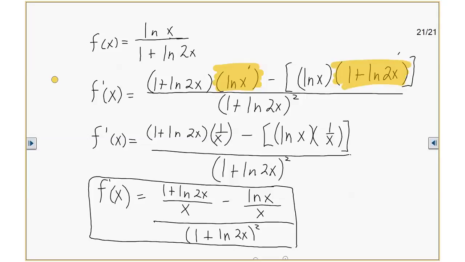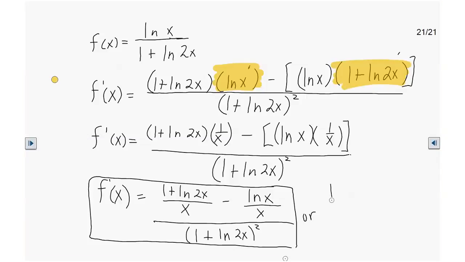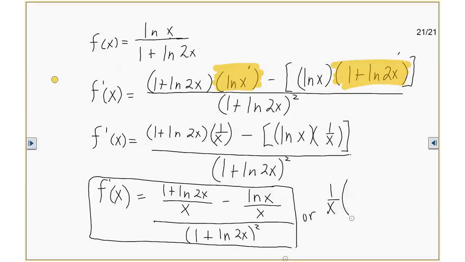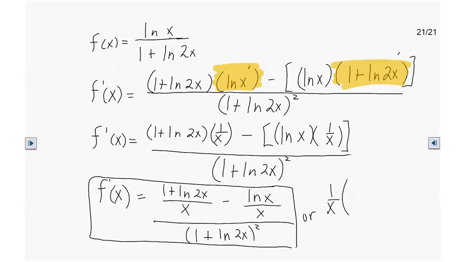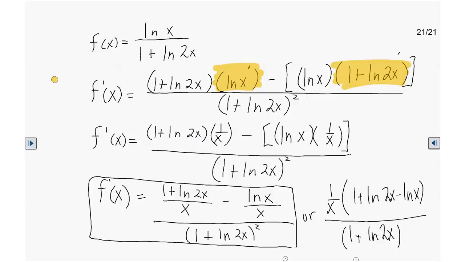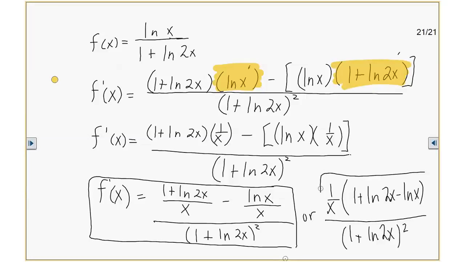Probably the only other thing we want to do is factor out the 1 over x. And what will that leave you with? 1 plus natural log of 2x minus natural log of x, and all that over 1 plus natural log of 2x quantity squared. That's probably the only two answers that I would want.